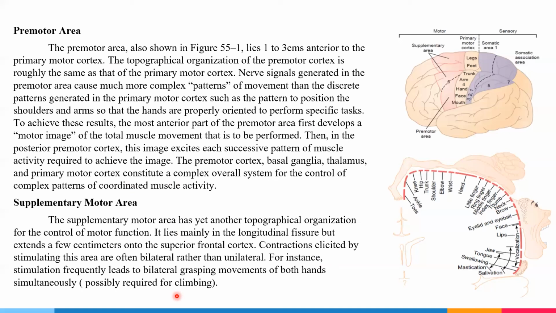That is, one stimulation can generate contraction of the same muscles present in both of our arms. That is, this particular area might be useful for coordinated bilateral activities such as climbing.